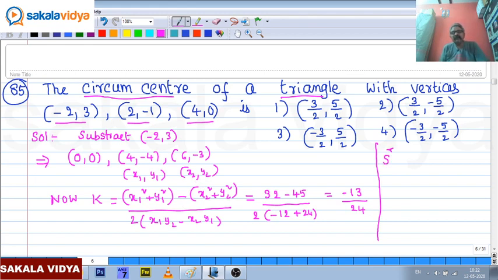Say S star equal to k minus k means 13 by 24 into y1 minus y2. y1 minus y2 is minus 1, comma, minus 13 by 24 into, this will be how much? 4 minus 6 is minus 2.